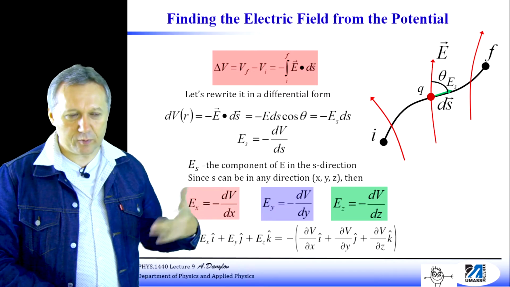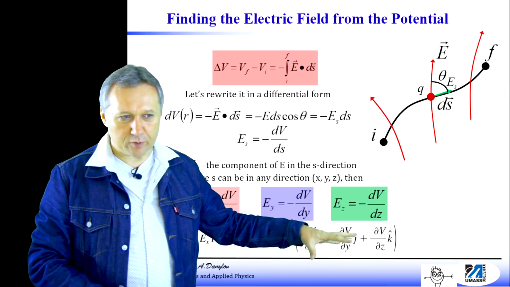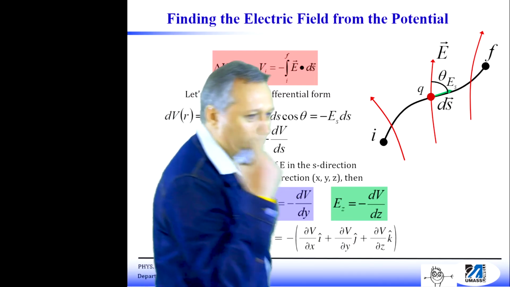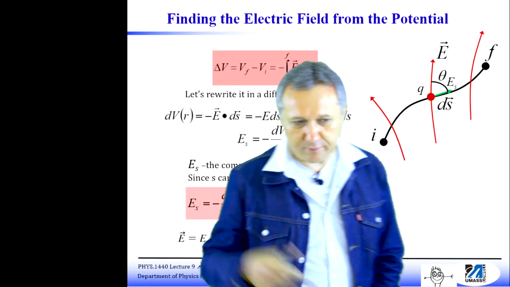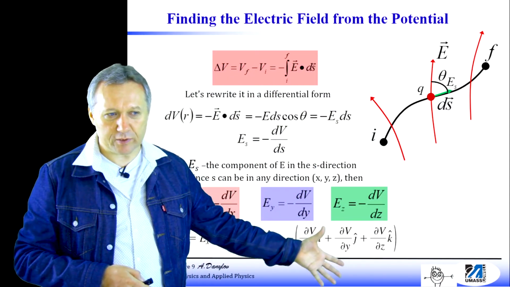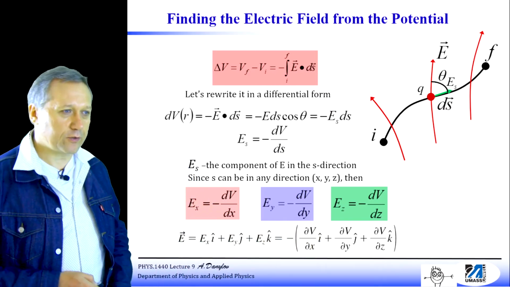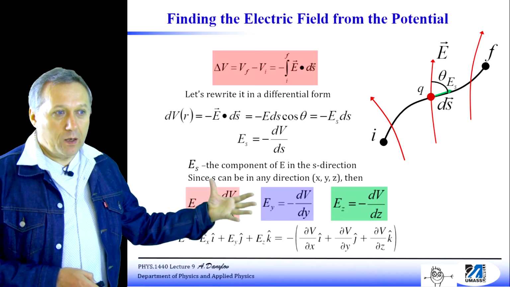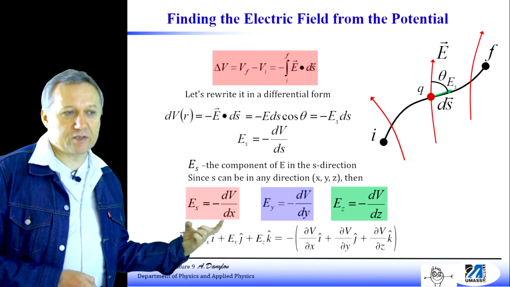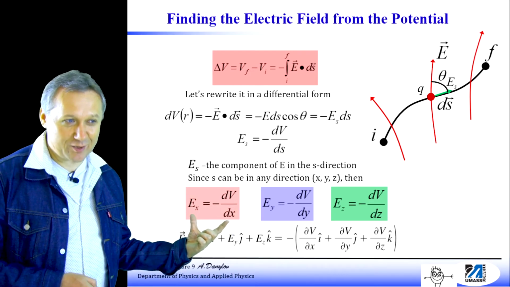But some of you might not be familiar with partial derivatives, so usually I don't dive into that, because most of the time we're going to have situations where the electric field depends only on one variable, x or y or z, not on all of them. Of course, in some high level courses, you will see that here you have to use partial derivatives, not straight derivatives. But anyway, that's what we're going to use most of the time, because we're going to have one-dimensional situations.